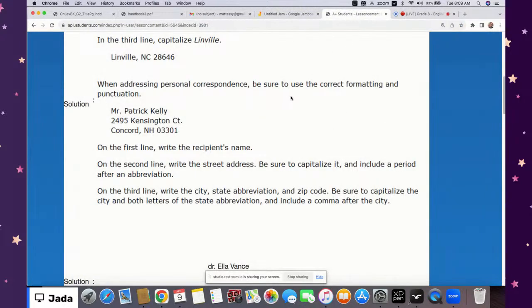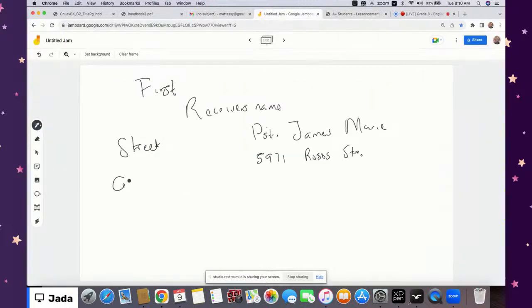And then the next one is to write the city, the state in abbreviation, and the zip code. So city, what city are we going to use?